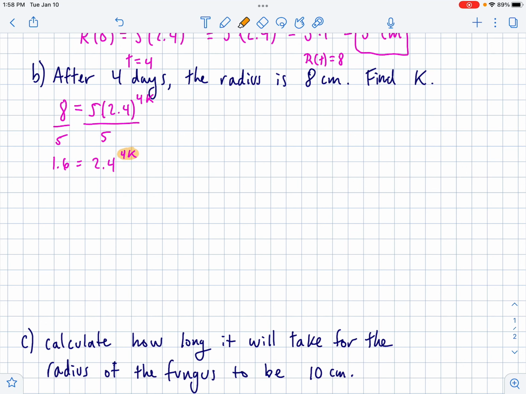Now, because we're trying to solve for something that's in a power spot, we are going to have to use logarithms. So we're going to log both sides and say log 1.6 is equal to log 2.4 to the 4k. The whole point of logging both sides is so that little power can come out front and become a big multiplier.